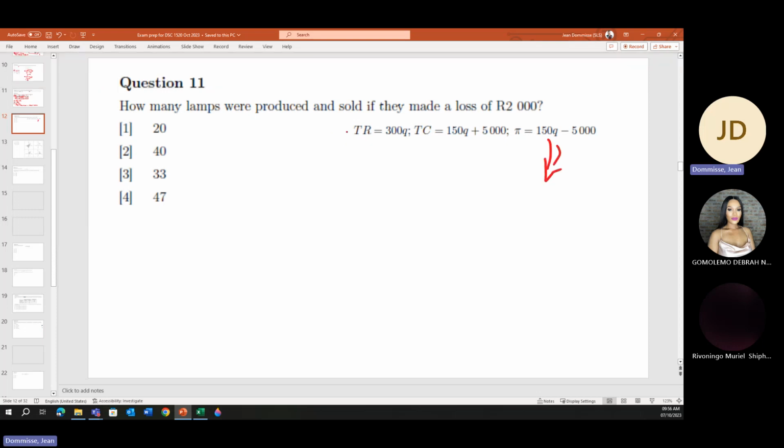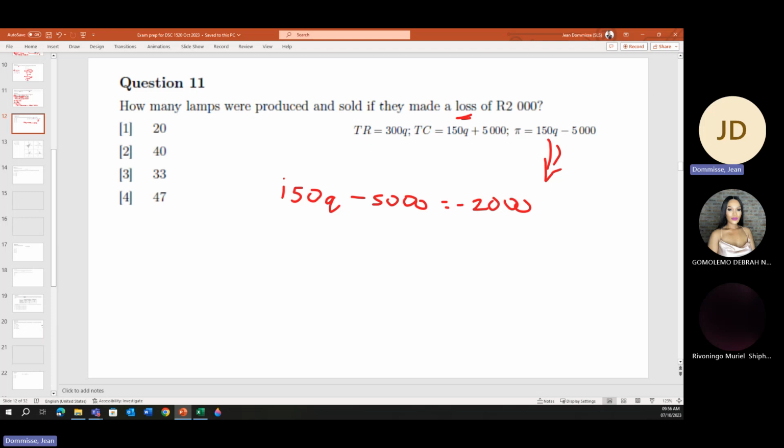We don't need to worry now anymore about the total revenue and total cost. We can go to a profit function and say, well, what profit am I making? Well, I'm actually making a loss. So my profit function is just negative 2,000.